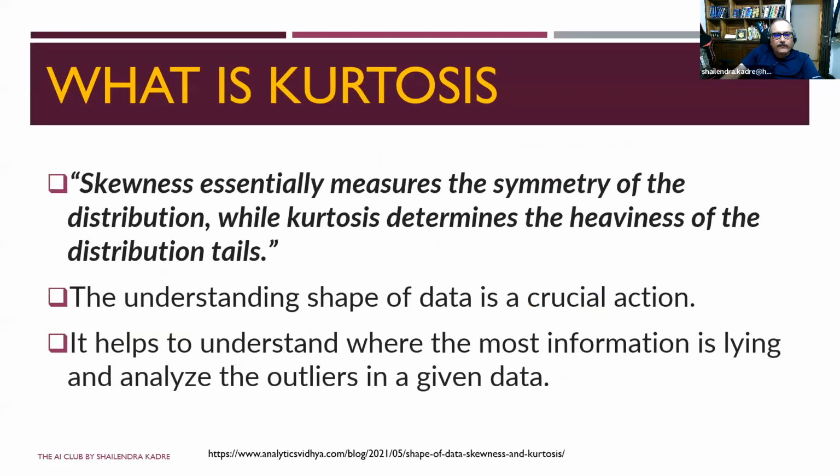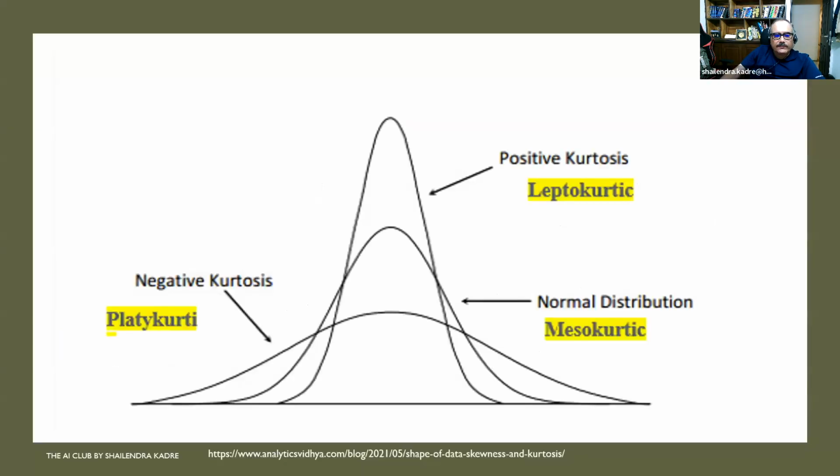So let us define. Skewness essentially measures the symmetry of the distribution. Skewness means symmetry; if skewness is there, the curve is not symmetric. While kurtosis determines the heaviness of the distribution's tails.